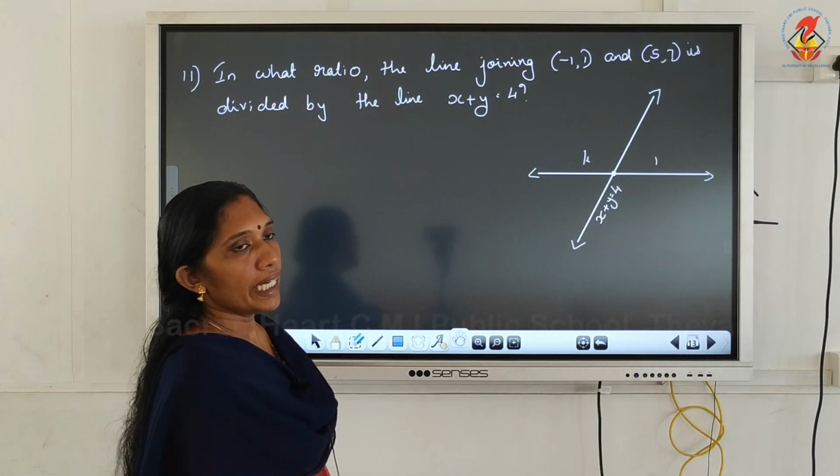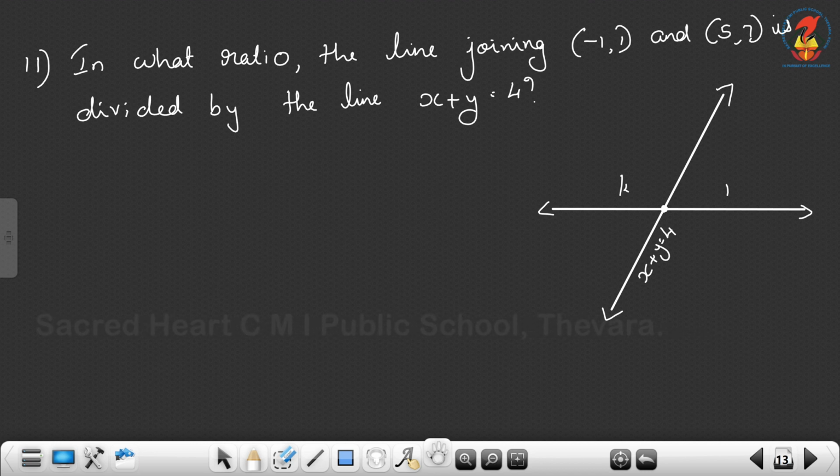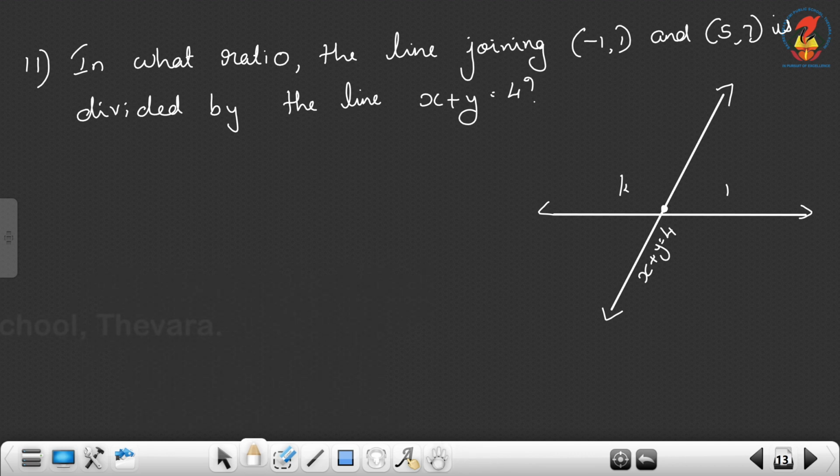The next one: in what ratio is the line joining (minus 1, 1) and (5, 7) divided by the line x plus y is equal to 4?